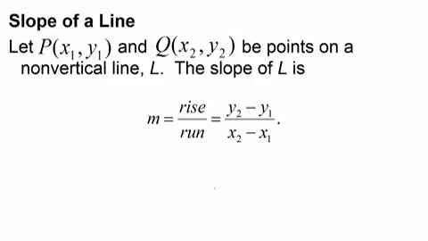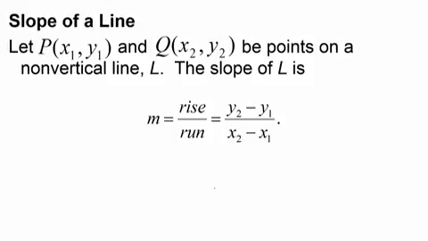Slope of a line. Let point P be located at x sub 1, y sub 1, and point Q be located at x sub 2, y sub 2, be the points on a non-vertical line L. The slope of line L is slope m equals rise over run equals y sub 2 minus y sub 1 over x sub 2 minus x sub 1.